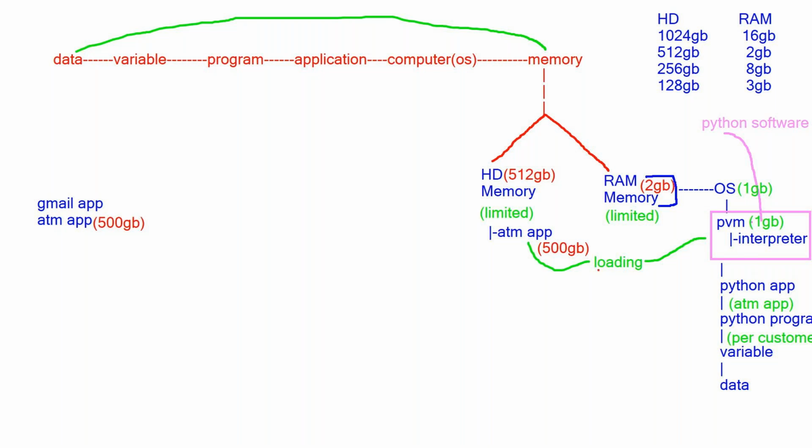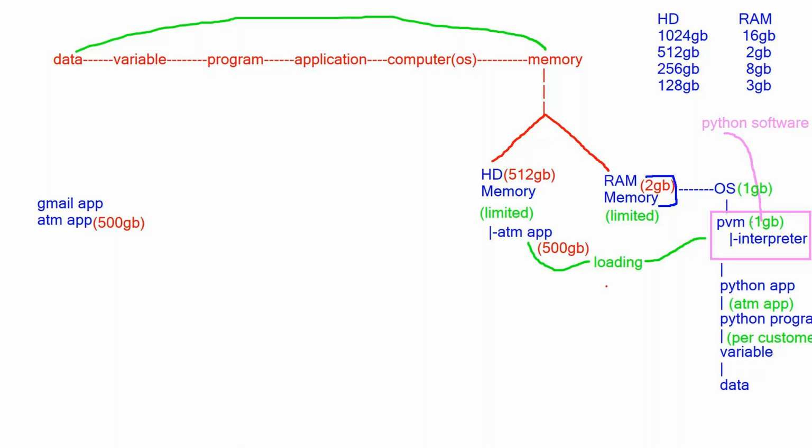At the time of loading, the Python virtual machine will realize that 500 GB of memory is required to store the entire data of the ATM application, whereas it has only 1 GB, which is impossible. It is impossible to store the entire data of the ATM application loaded from hard disk to RAM where the Python virtual machine is running. Total 500 GB is required, but only 1 GB is there.